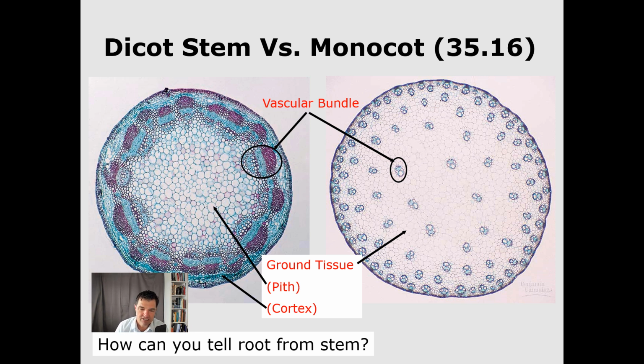In my dicot stem, notice there's a pith right here in the center, whereas over here, there's no separation. The vascular bundles are scattered throughout. This is all sort of interconnected. There's no central area that is surrounded by vascular tissue, so there's no pith like there is in this one here.